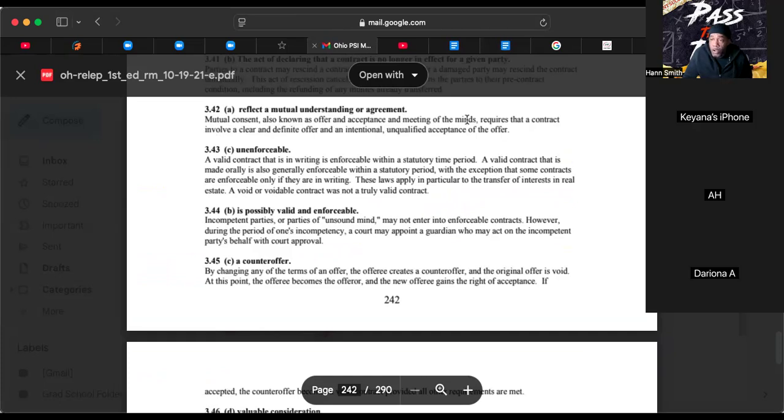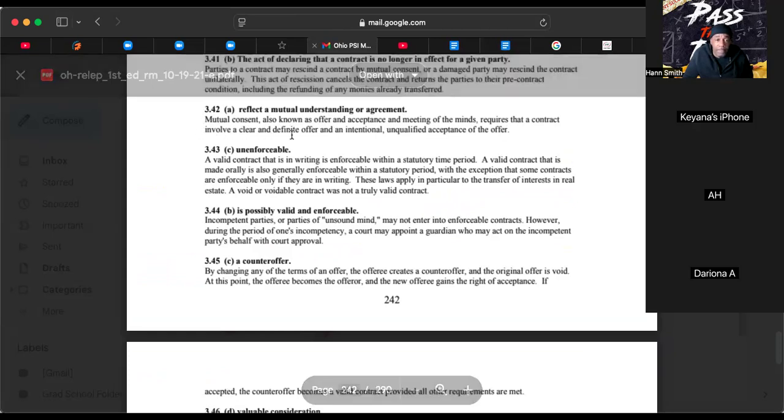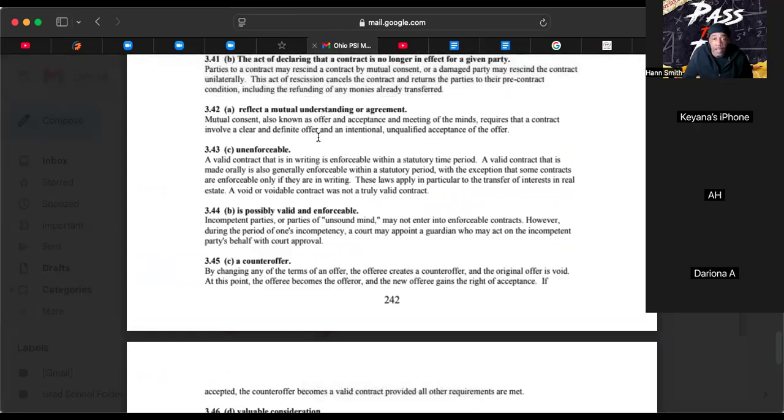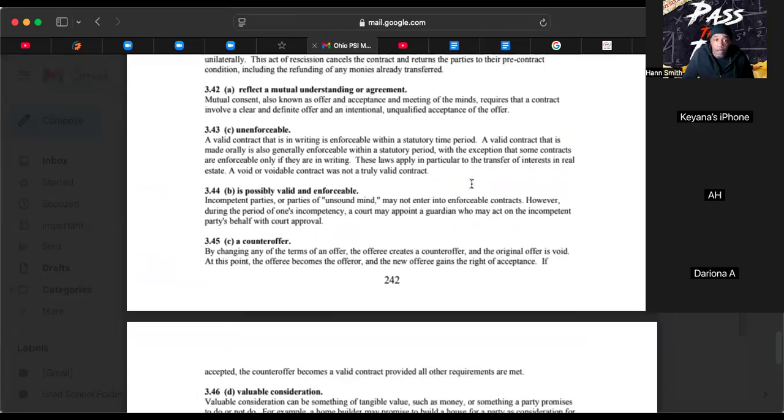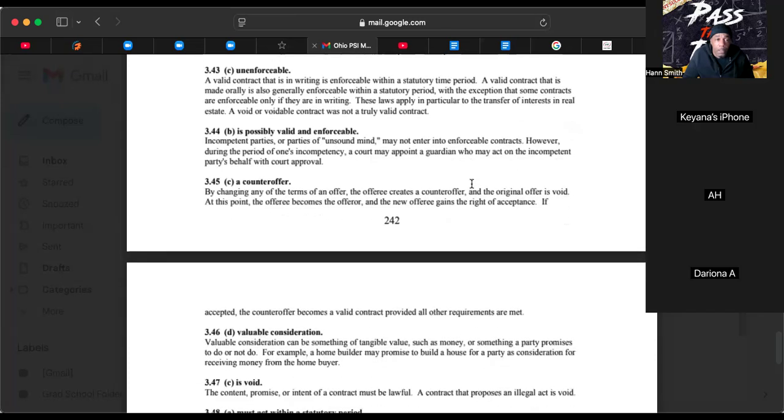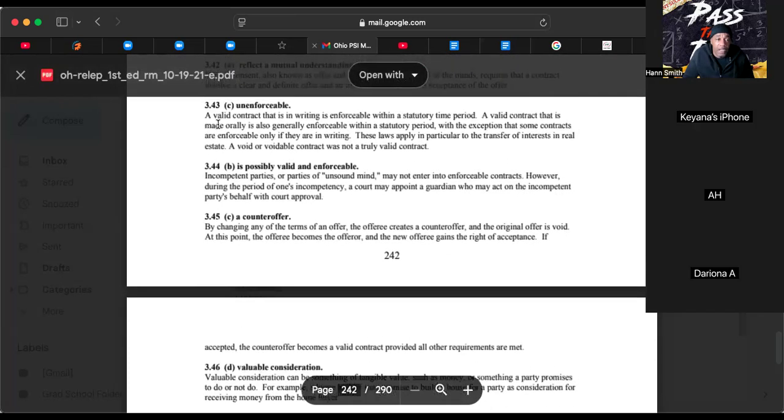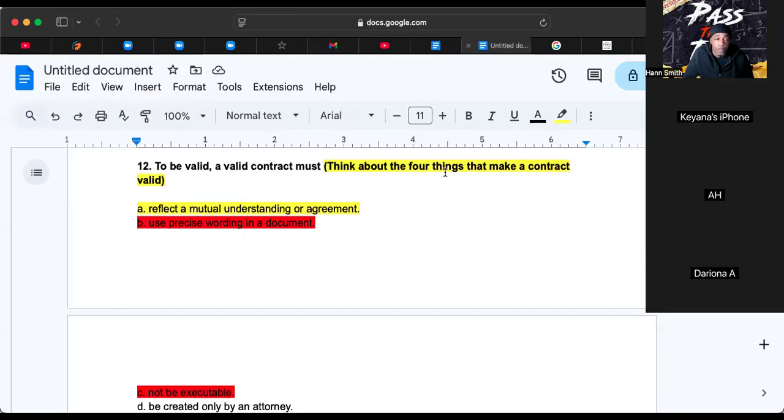This requires that a contract involve a clear and definite offer and an intentional, unqualified acceptance of the offer. All right. Number 13, unenforceable.